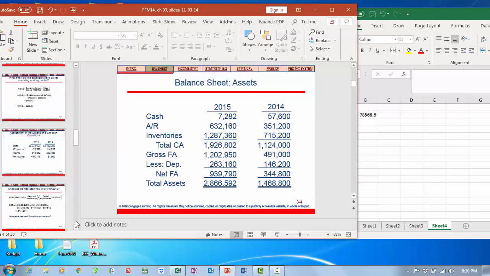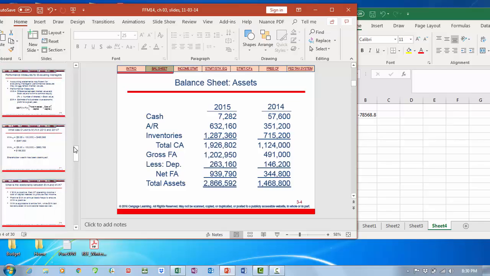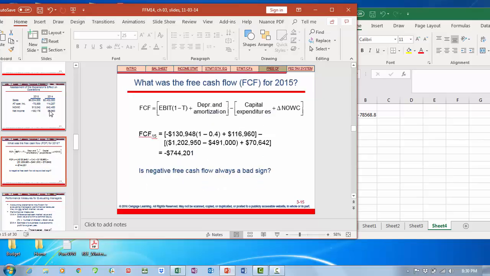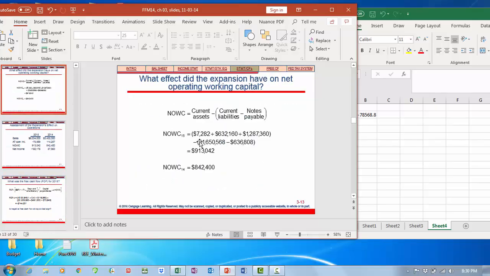So here, for example, they've taken the 3 numbers. Okay, so it doesn't really make a difference. So we can see that net operating working capital for 15 is 913,052, and for 14 is 842,400.